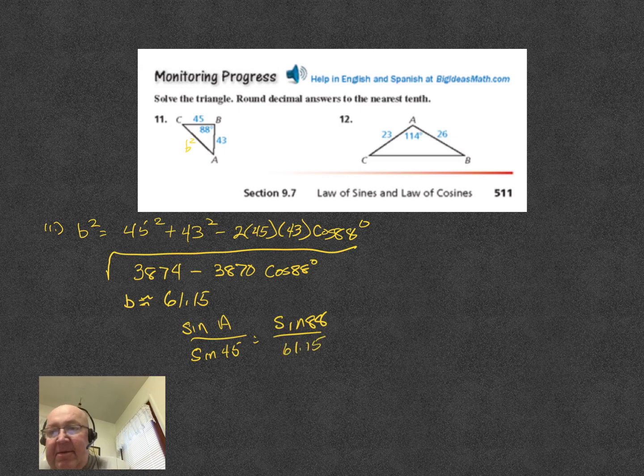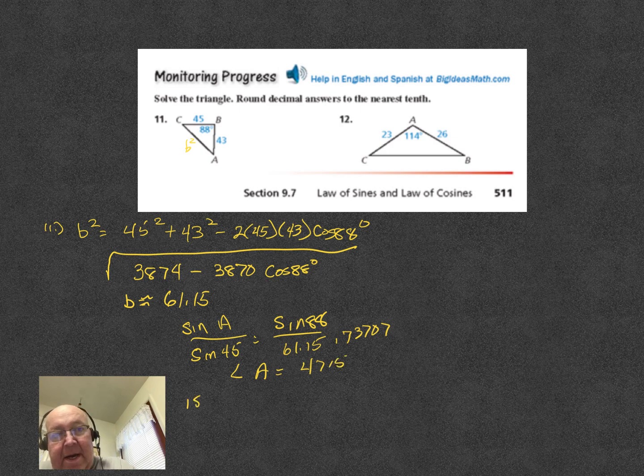We're going to get that that number is equal to 0.73707. I'm going to find the inverse sine of that, and I'm going to get that the measure of angle A is equal to 47.5.